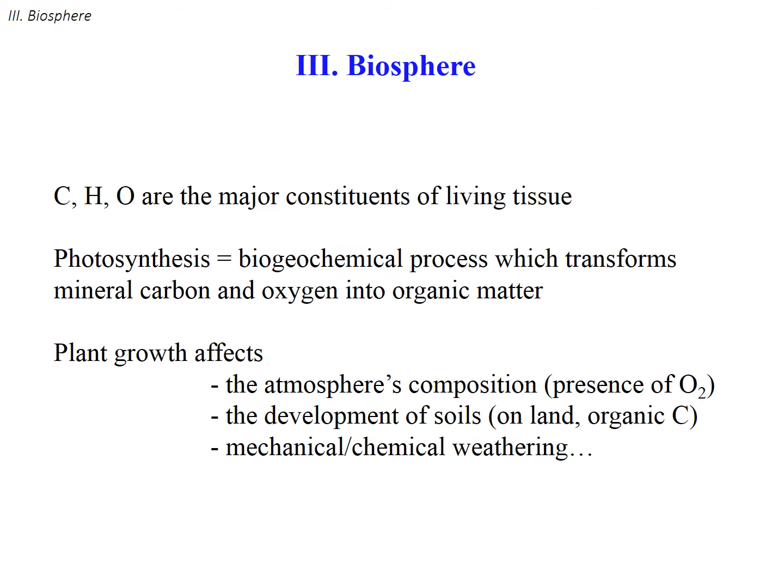Unpleasant and different. Okay, so moving on to the thing that really matters, moving on to us, the biosphere, the things that are living. It's predominantly made up of carbon, hydrogen, and oxygen. That's about 99% of us. And it's really determined by photosynthesis.